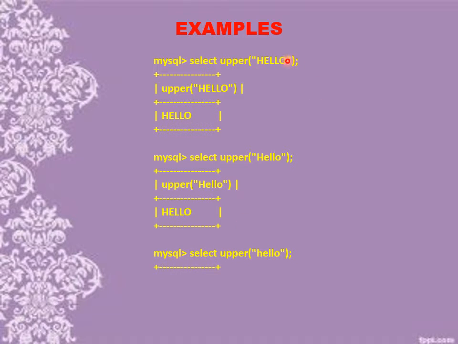You can see here it is already in uppercase, here it is in lowercase, here it is in lowercase, and here it is mixed because H is in uppercase and the remaining are in lowercase. So the UCASE or upper function converts whatever string is given into uppercase only.